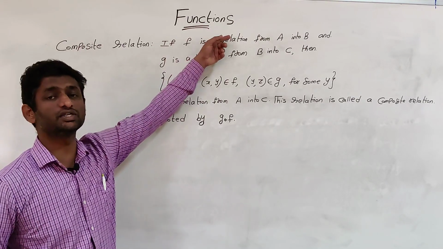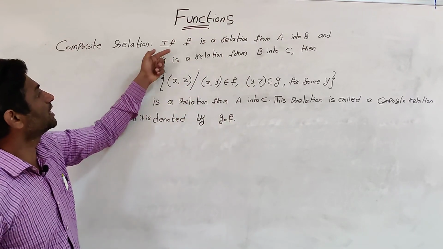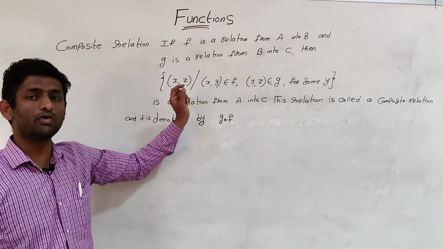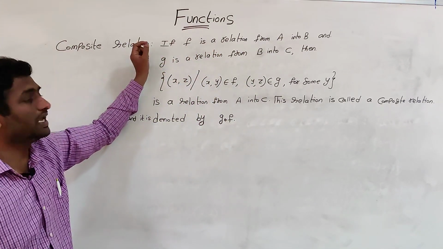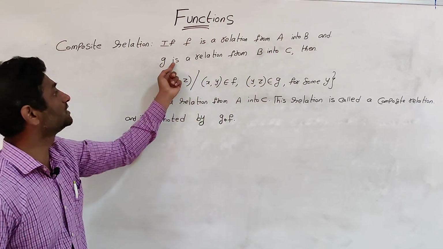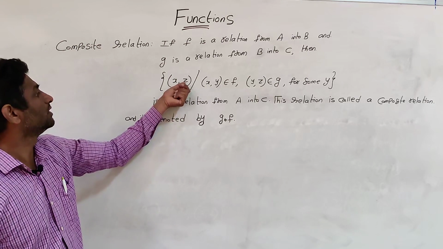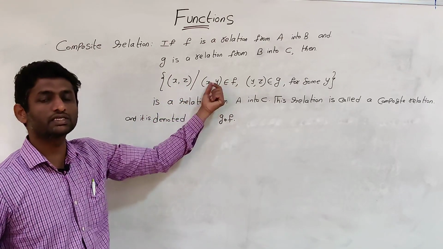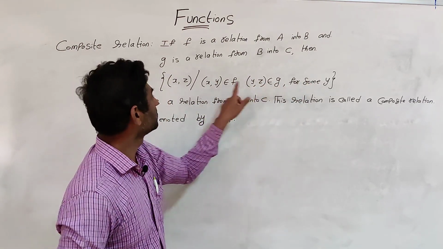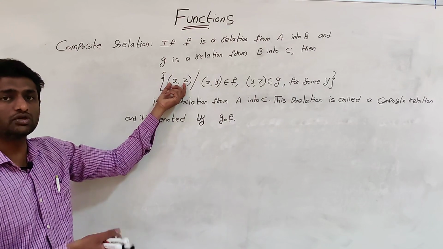If F is a relation from A into B, means any one of the subsets of A cross B, and G is another relation from B into C, means G is one subset of B cross C, then the set of all ordered pairs (x, z) where (x, y) belongs to F and (y, z) belongs to G for some y, means this y should be common, gives us a new list of ordered pairs.